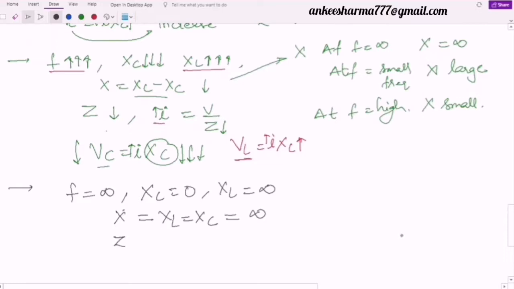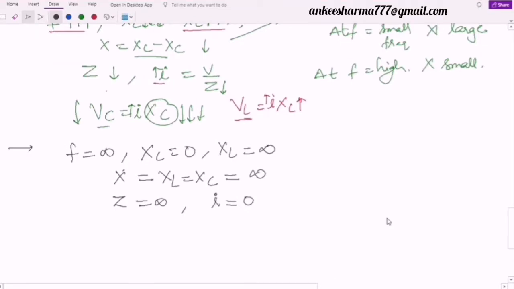And if it is infinity, Z will be equal to infinity, and again I will be equal to 0. It means after a very high frequency, till the frequency equal to infinity, my current will start decreasing and it will reduce to 0. After this point, the value of current will start decreasing and reach a 0 value at infinite frequency.